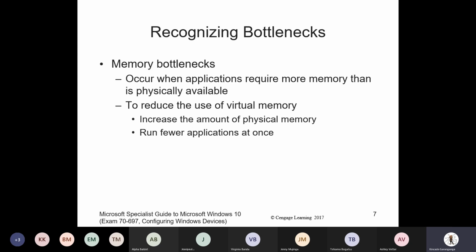So you've got your disk bottlenecks, which are associated with your secondary storage. And then you've got your memory bottlenecks, which are associated with your primary storage. You can also discuss processor bottlenecks, right?